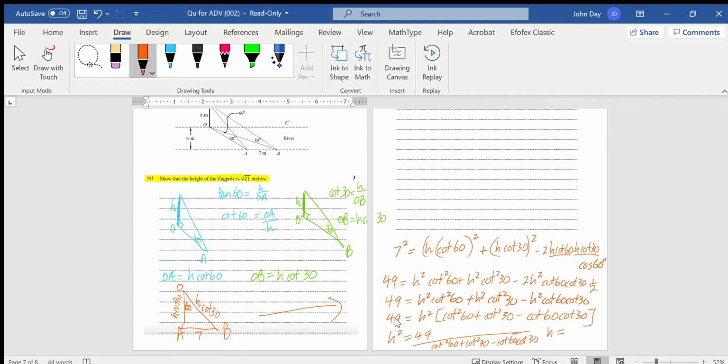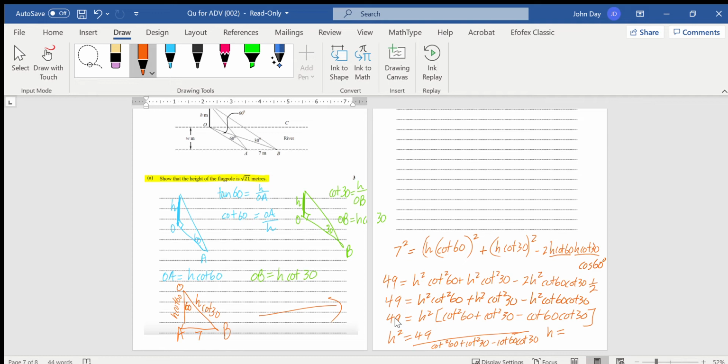now, cot squared 60. I put in tan 60, and I hit the x to the minus 1 button, and then I need to square that. So I need to have that in brackets. I might be better off putting in 1 over, let's do that.